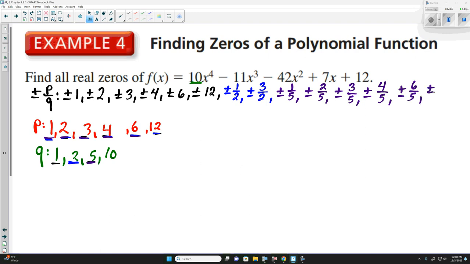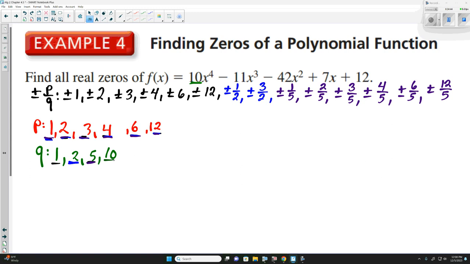And lastly, 12 divided by 5 is plus or minus 12/5. Let's go here. Questions on this before we look at 10?